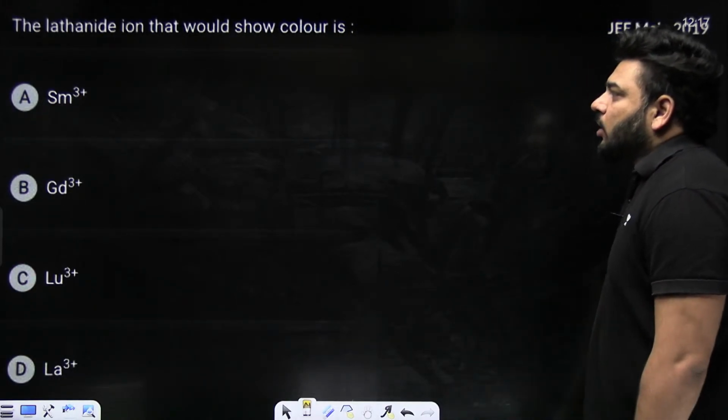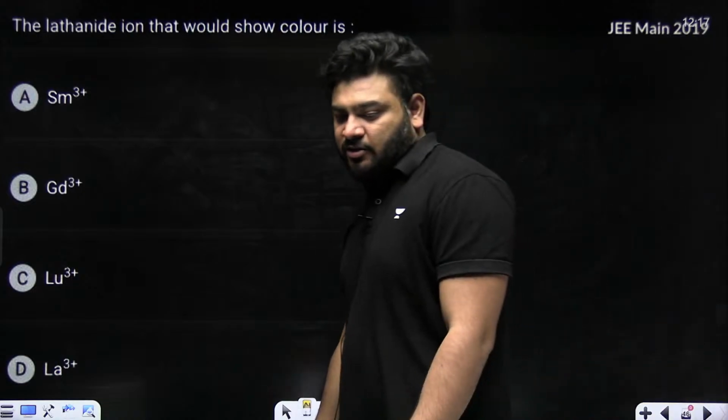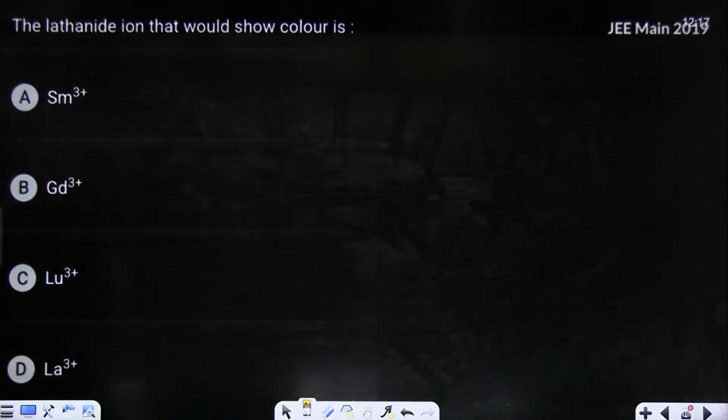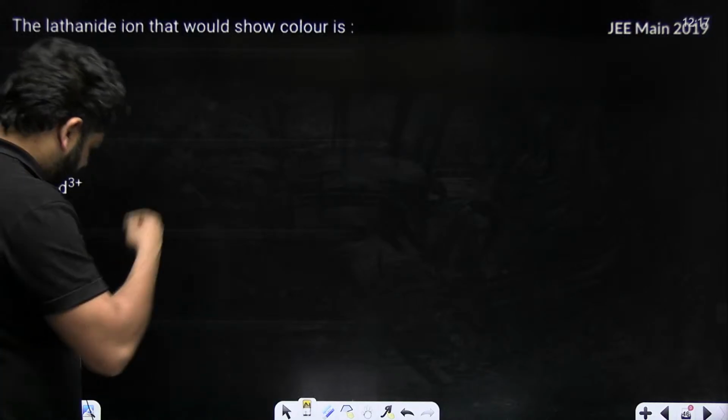Lanthanide ion that will show color. What do you think? Which lanthanide ion shows color?